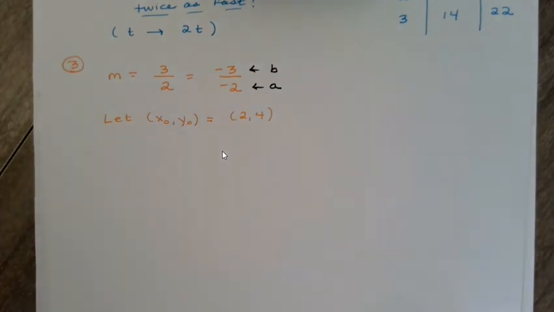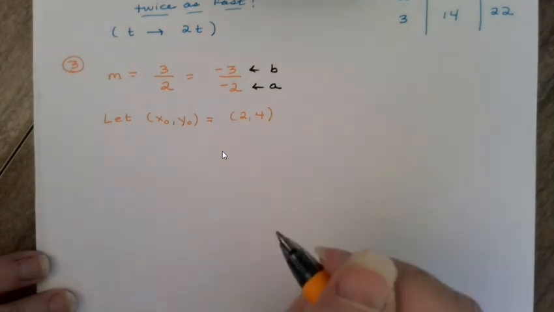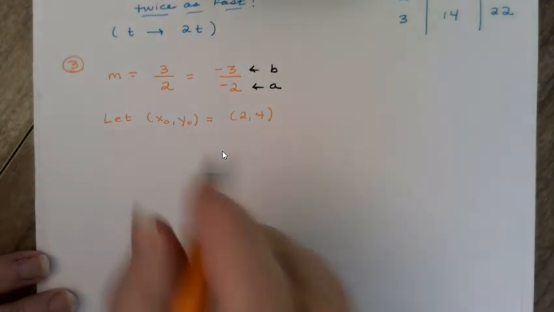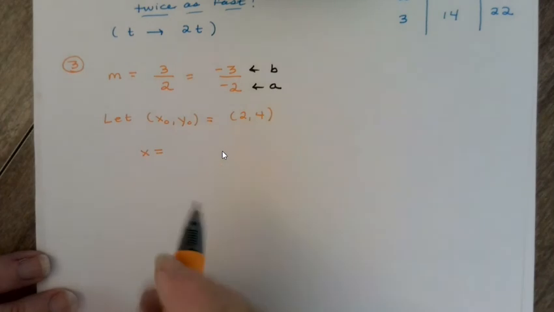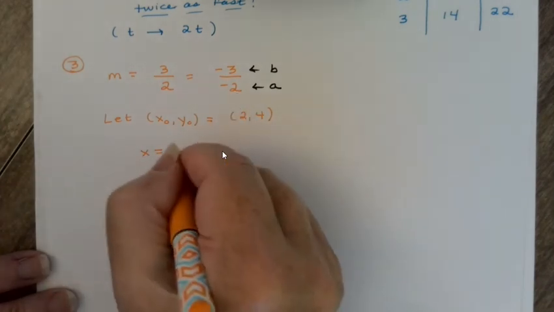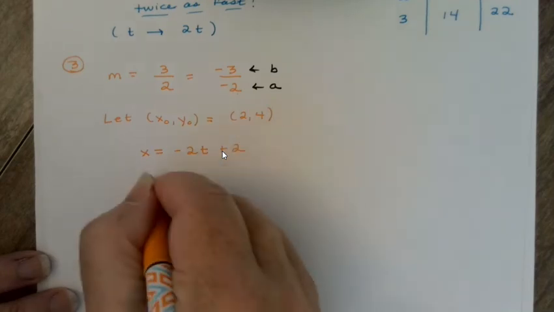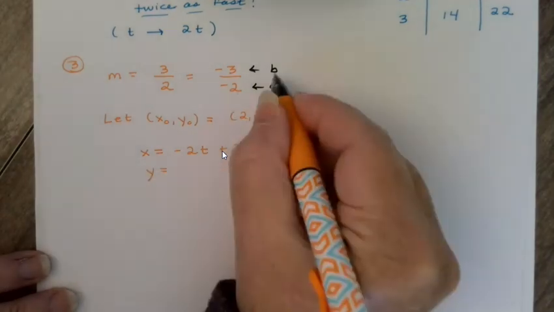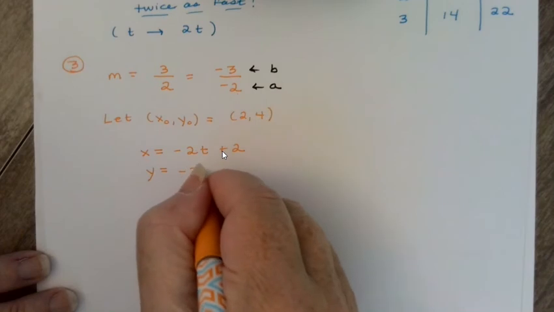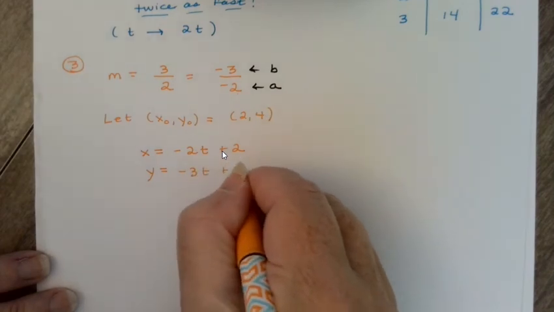So what is our equation going to look like this time? Well, let's see, or equations, I guess I should say. We would have x equals a, so -2t plus 2, and y would be b, so -3t plus 4.